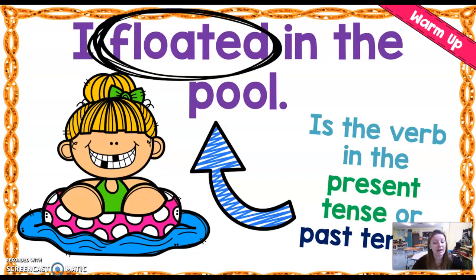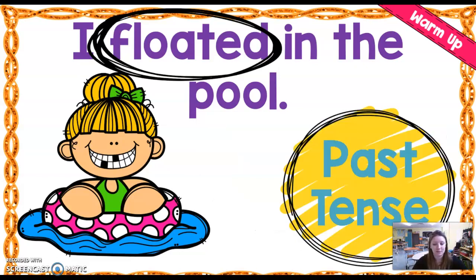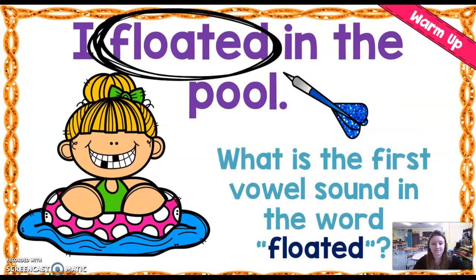I agree, it's past tense, but how did you know? What clue helped you know that it's a past tense verb? Did you say the ed ending? You're absolutely correct. The ed ending is a big old clue to help tell me that floated means already happened.